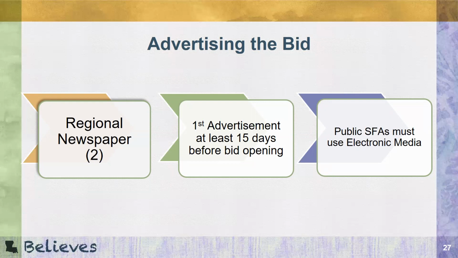Now, I'll use my old town: the Ponchatoula Times is not considered a regional news source. The Advocate would be considered the regional news source. So remember that the first advertisement has to be at least 15 days before the bid opening. And then if you're a public school system, you have to publish it to the electronic bid platform.